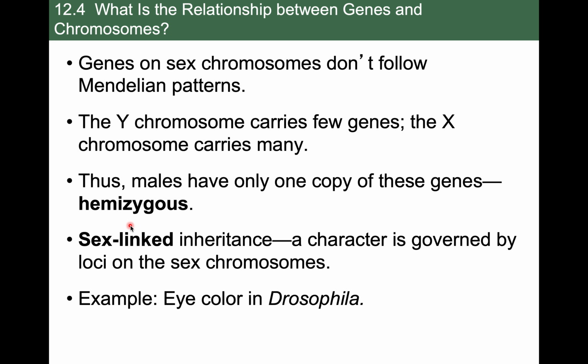And so to tie this back in with these exceptions to Mendelian genetics, if you have genes controlling traits you're interested in that are located on the sex chromosomes, that will give you some interesting inheritance patterns. I mentioned eye color in fruit flies earlier.